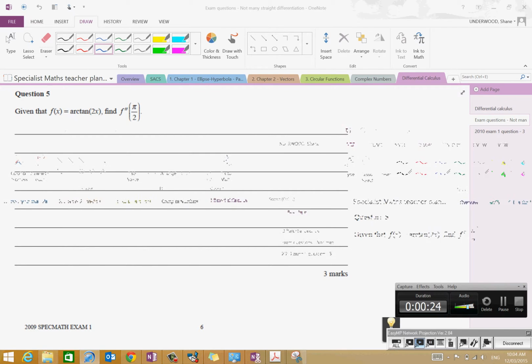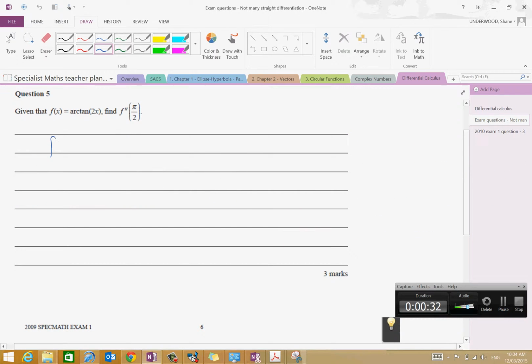Okay. Now we're starting at 23 seconds. We've got 3 marks. It's going to take 4.5 minutes, but let's see what we can do. First of all, I'm going to say that f dash of x is equal to, applying the chain rule in my head. What is u? u is 2x. What is the derivative of u? 2.